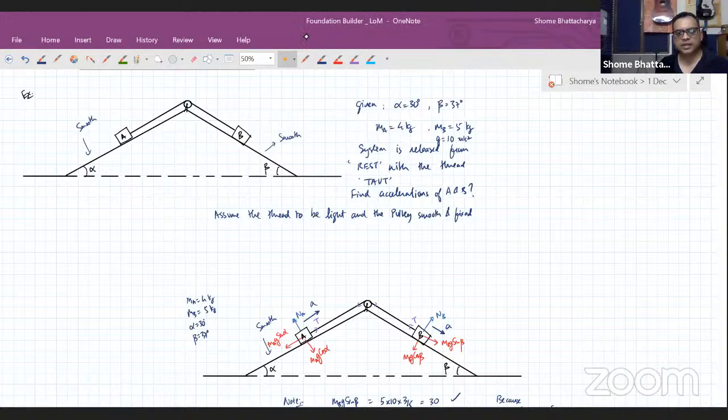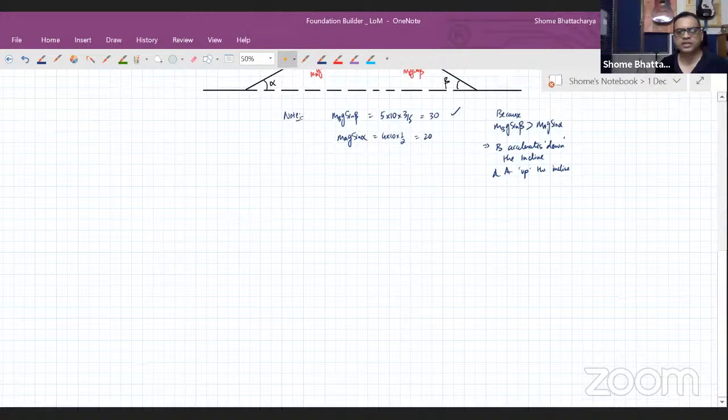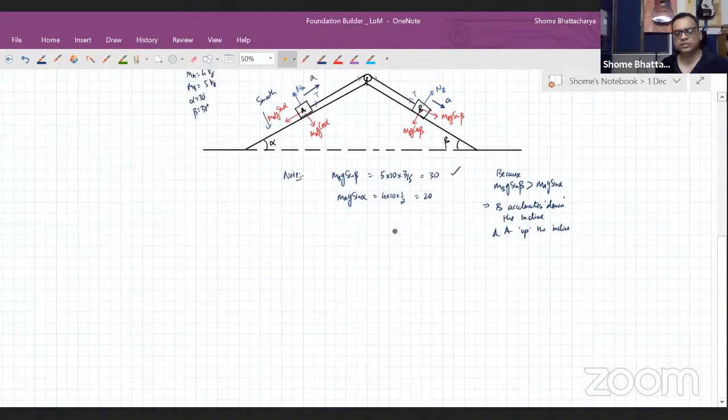Yes, so has anyone got the magnitude of acceleration? The free body diagrams you require are here. So you have to just use these now.